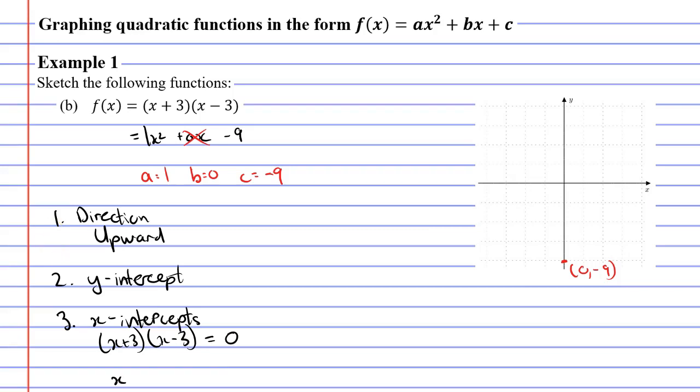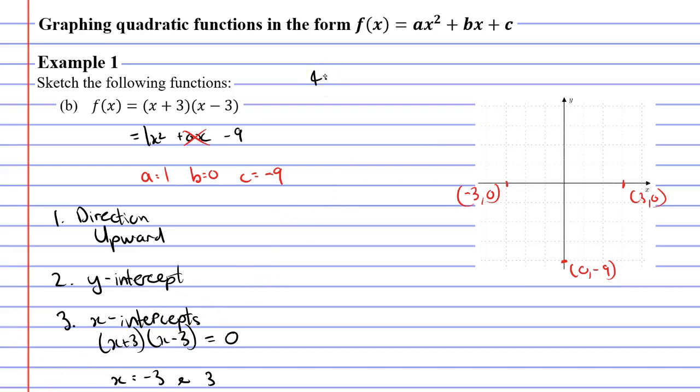We can see that we're going to get solutions of negative 3 for x and also positive 3. That's because negative 3 plus 3 is 0, and positive 3 minus 3 also equals 0. So we'll label those 2 points on our graph. We've got the point 3, 0, and the point negative 3, 0.